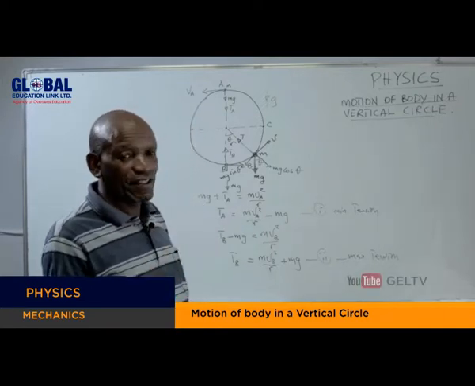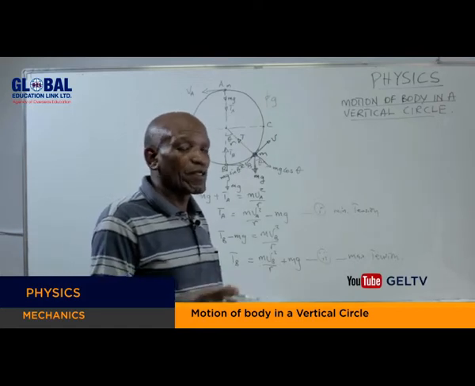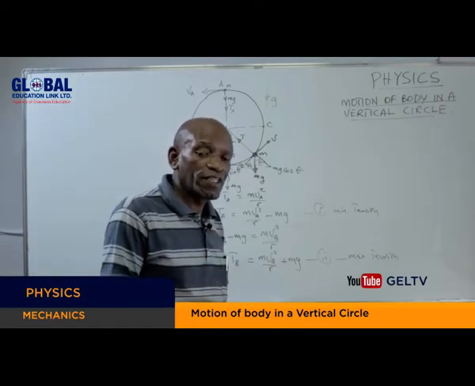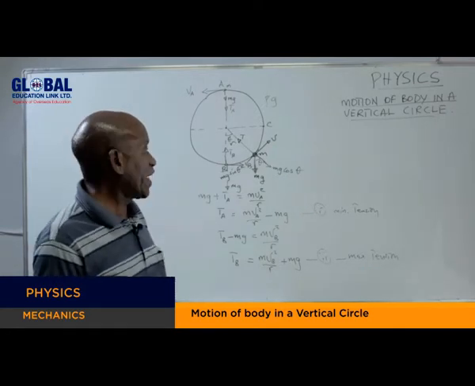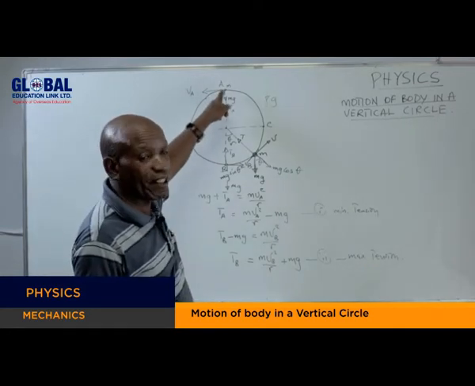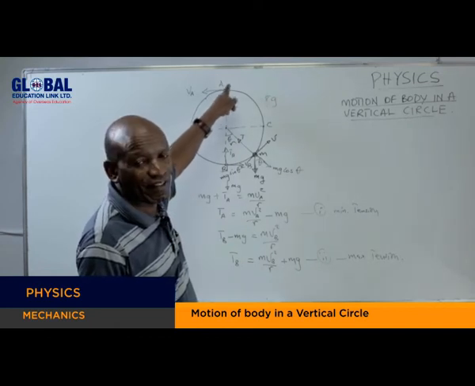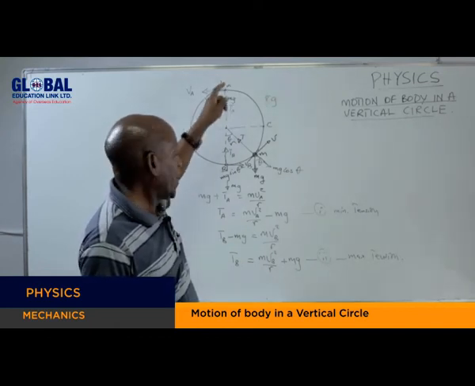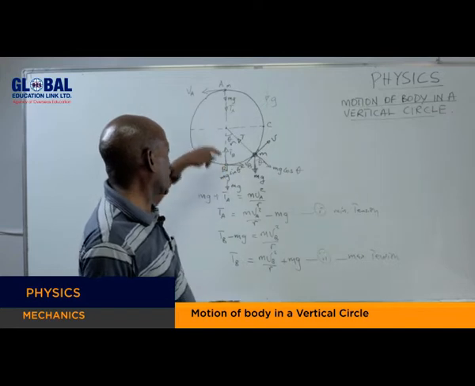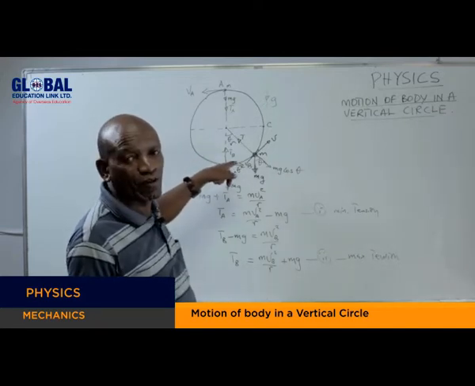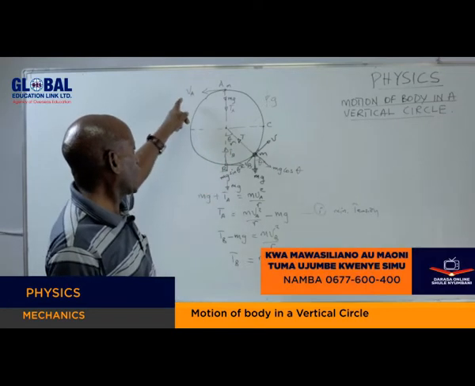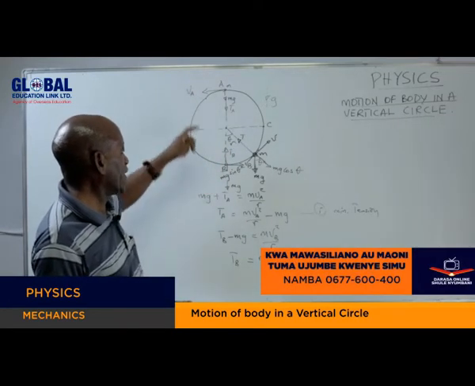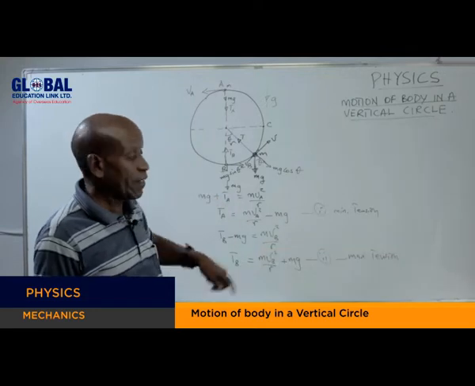And that situation helps us understand what kind of velocity a body has whenever it passes at the highest point, and what velocity it has whenever it passes at the lowest point. So we can determine v_A and v_B.